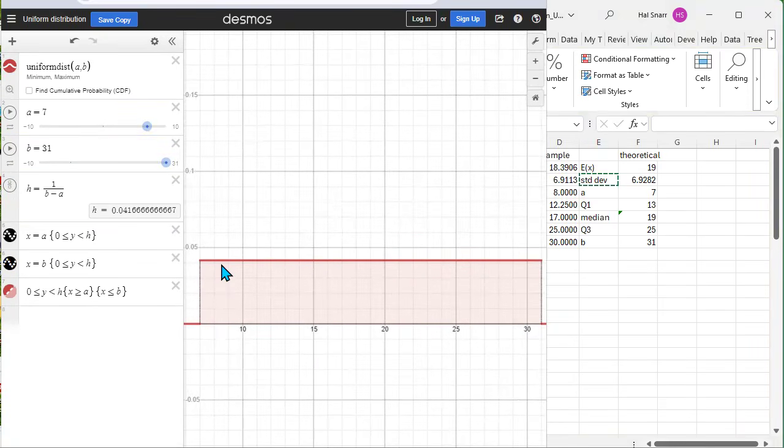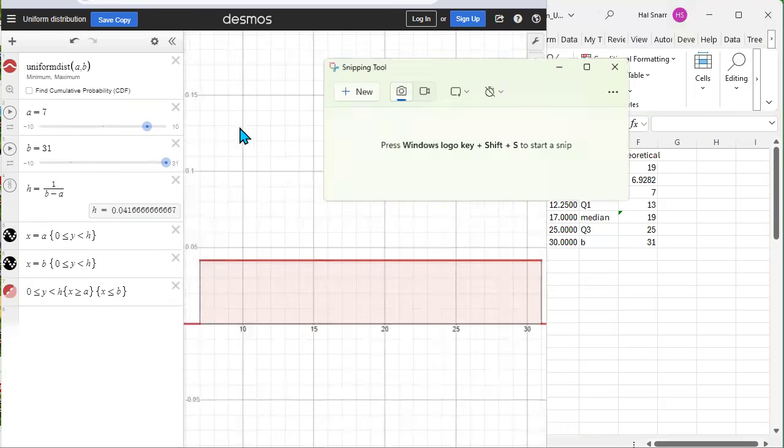This height is 31 minus 7 divided into 1, right? So 31 minus 7 is 24. 1 divided by 24 is that right there, right? 0.0416666667.